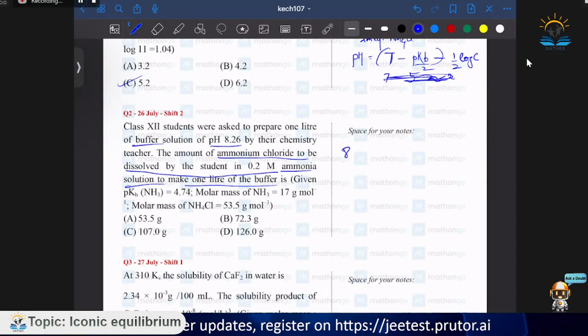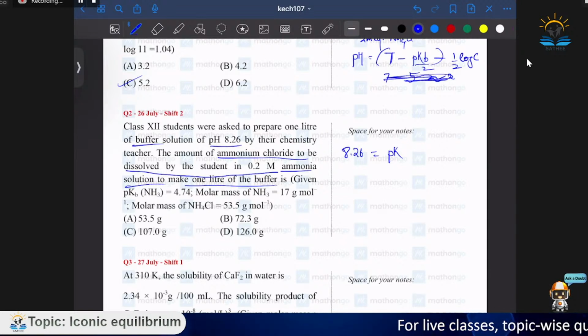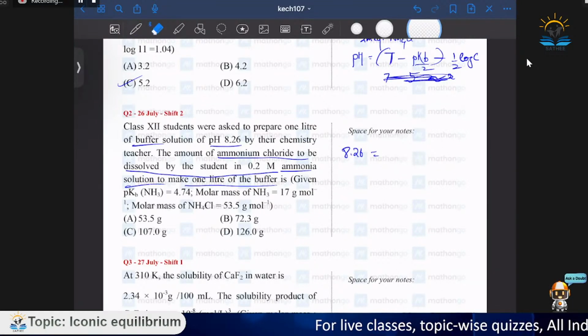They have given the pH, and the buffer is involving a base, so we should take pKb and pH.